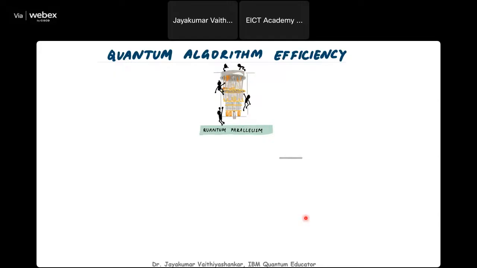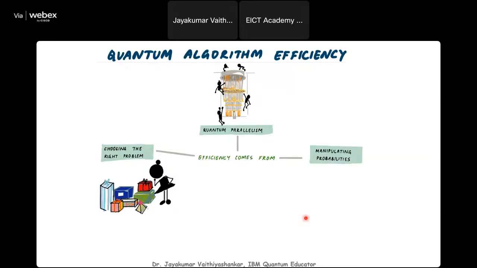And if you want to check the quantum algorithm's efficiency, you need to ask these two basic questions. Efficiency comes from choosing the right problem, or manipulating probabilities. You need to do many manipulations in your quantum algorithm, so this is like cheating.